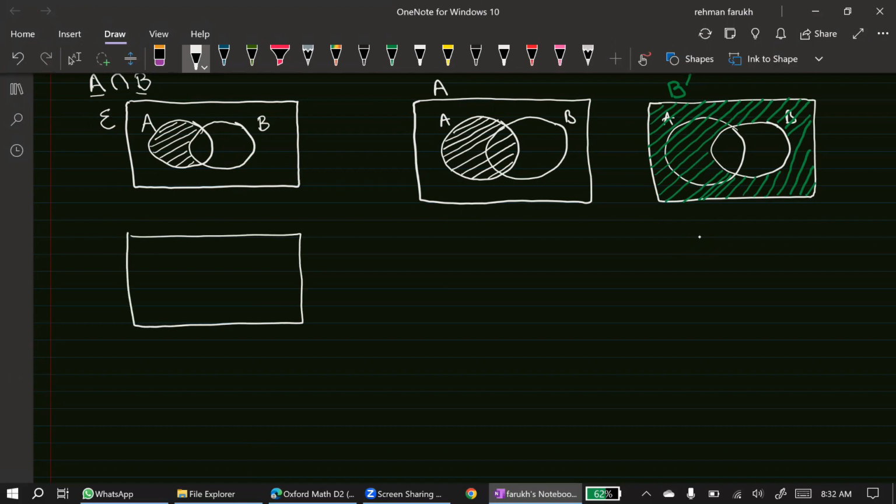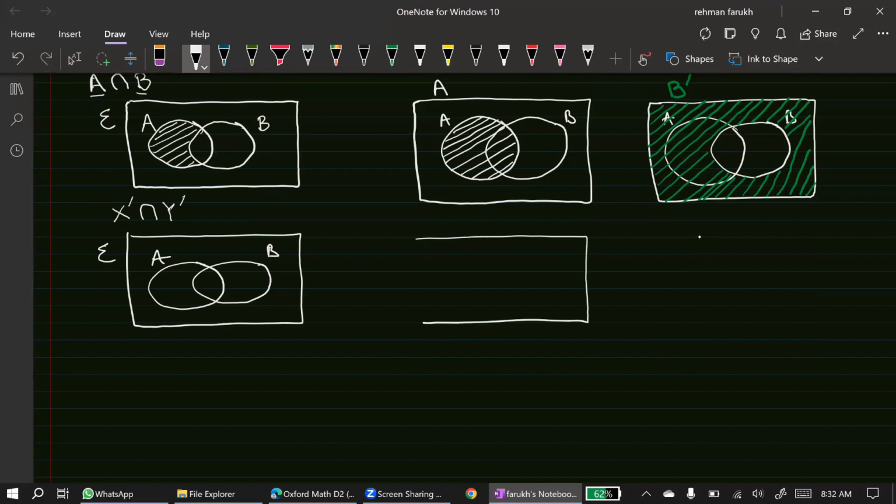Now the next task is X dash intersection Y dash. There are two sets, X dash and Y dash. We will draw two diagrams.